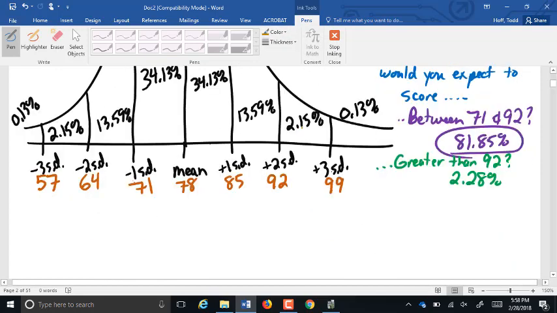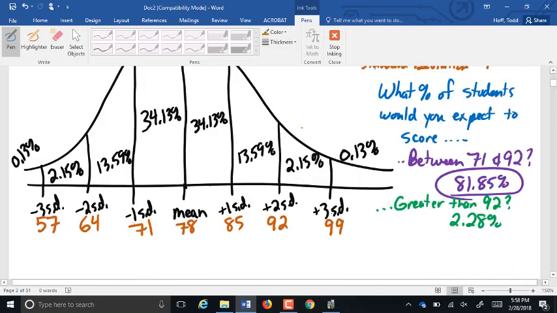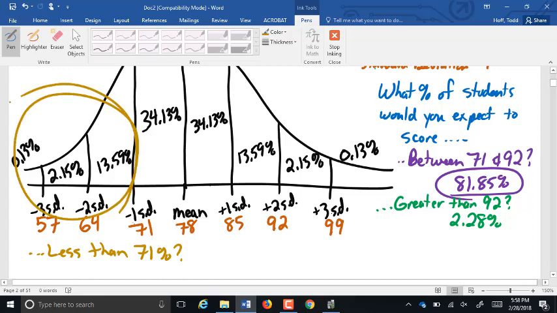Or we might ask, what percent would you expect to score less than 71? Well, here's 71, less is these percents. If I add those all up, it's going to be 15.87%.